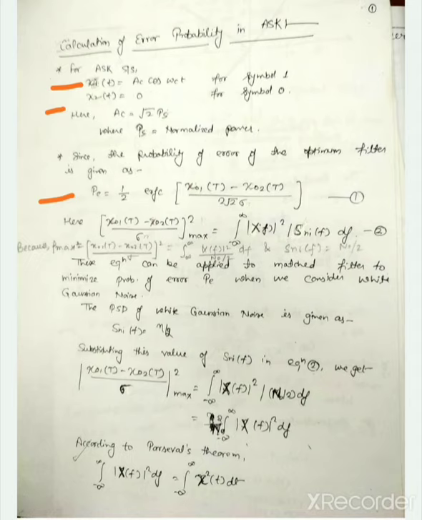It is white in nature, which means that the power spectral density or PSD, which is basically the representation of power content versus frequency, of the noise is constant throughout the frequency. That is, for every value of frequency the PSD will be constant, and that constant value is given by N0 by 2, where N0 is a constant.